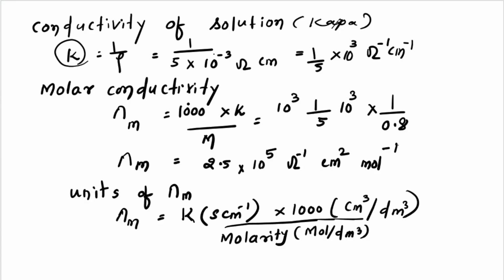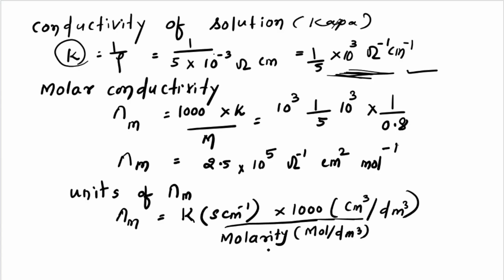Next, come to molar conductance, which equals 1000 kappa by M. M is given in the question, and kappa you have calculated. Put the values in, and lastly lambda M, the molar conductivity, is calculated. This is the value, along with the units of molar conductance.